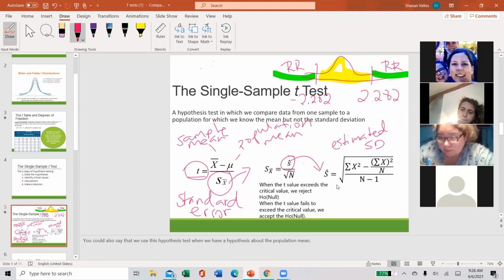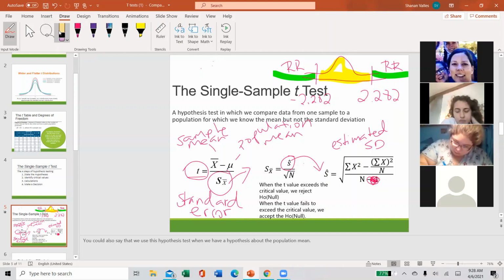We've done this formula more or less. It was a long time ago, way back in chapter 4, I believe. The only difference was we were not doing this part, we just had n down there. This time around, the only difference is we are going to add in this n minus 1 in the denominator of this formula.